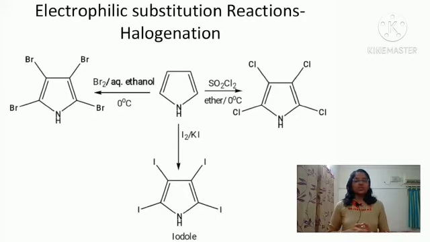For iodination, we use potassium iodide and iodine, and we get tetraiodopyrrole, otherwise termed iodol, which can be used as a substitute for iodoform. That is, it has many antiseptic properties.